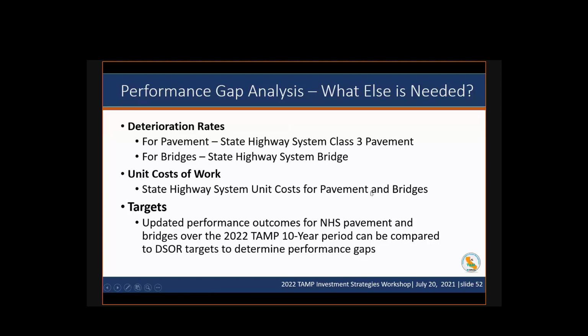And we just didn't have, from a statewide perspective, and even drilling down into the local NHS, enough information to be able to provide this by region or to give a better perspective, other than, I think from a reasonable starting place, we could assume that our local NHS routes are similar to our class 3 pavements on the state highway system. So I just wanted to bring up these deterioration rates that are going to be included in our tool as a starting point, because it's important to understand where we're getting these numbers from.